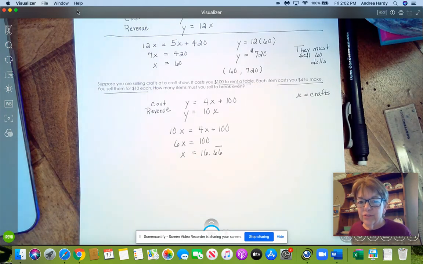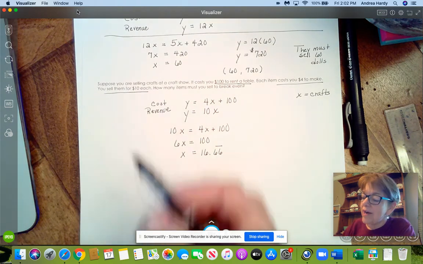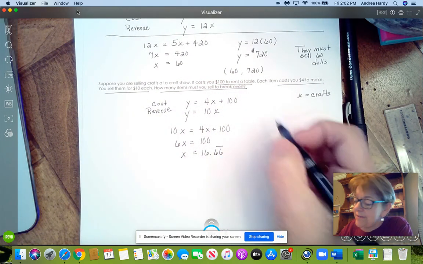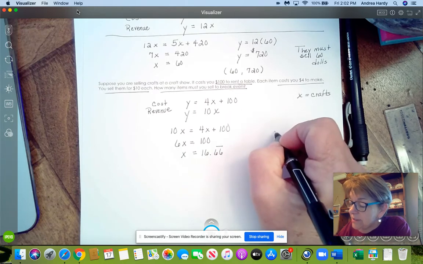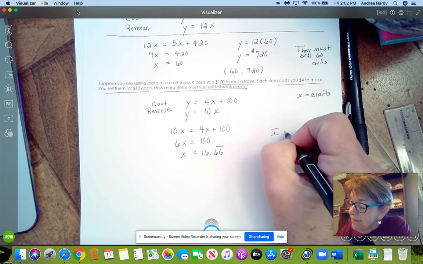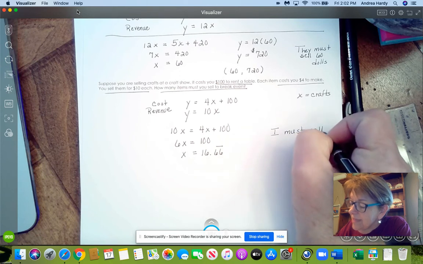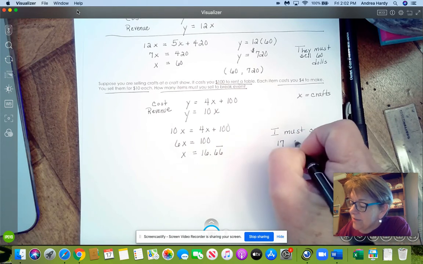Can I sell 2/3 of a whatever I'm making? No. So now I love this question. How many items must I sell to break even? We're going to answer the question. I must sell 17 crafts.